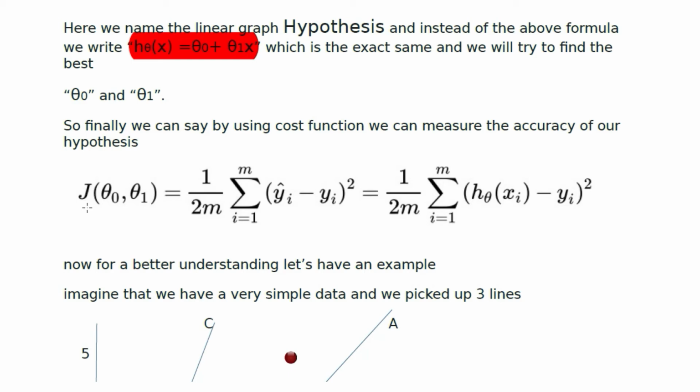As you can see, we show cost function with j, and this m shows the number of examples. H is what the system predicts, and y is the real output. I will talk fully about this formula next session, so don't worry about it.